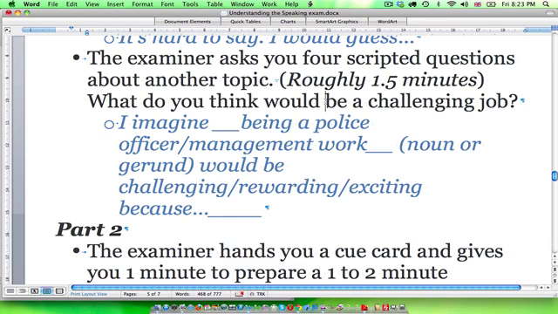So I imagine being a police officer would be challenging, or would be rewarding, or would be exciting, depending on what the examiner's asking. Or I imagine, now here, I just wanted to note to myself, it's a noun or a gerund. So anyway, this is the structure here, and you could stick in a noun or a gerund if needed, and then you would elaborate on that, because, and so on.